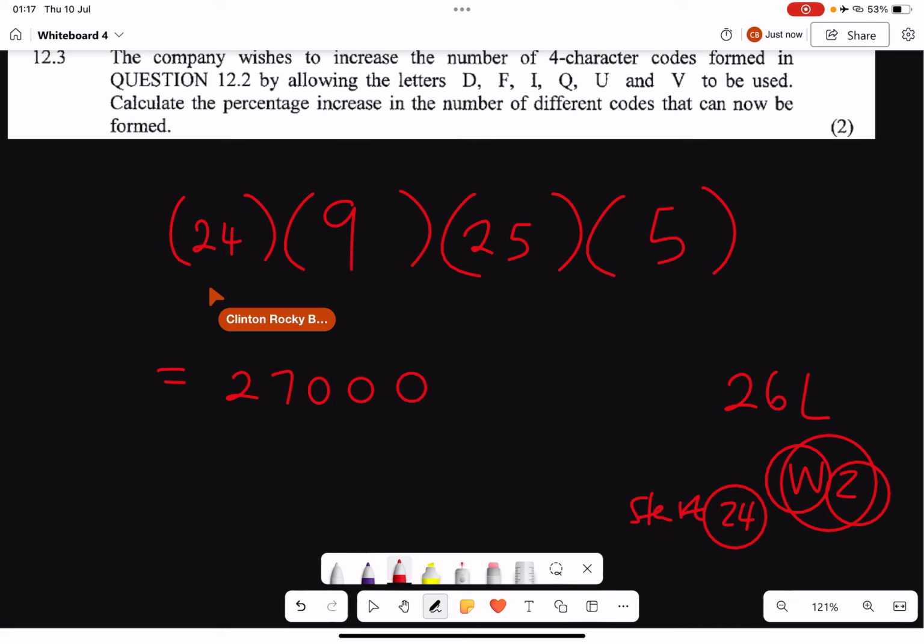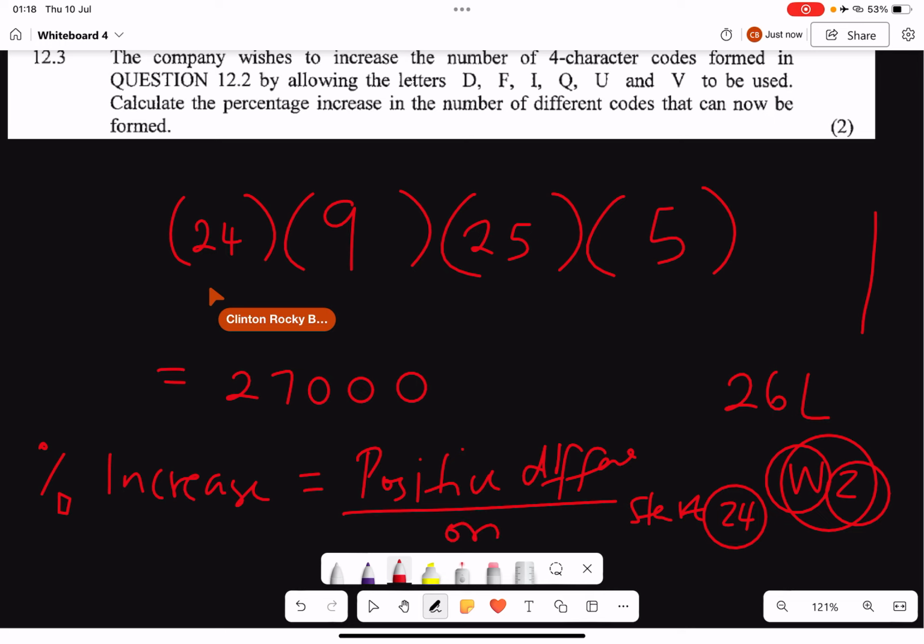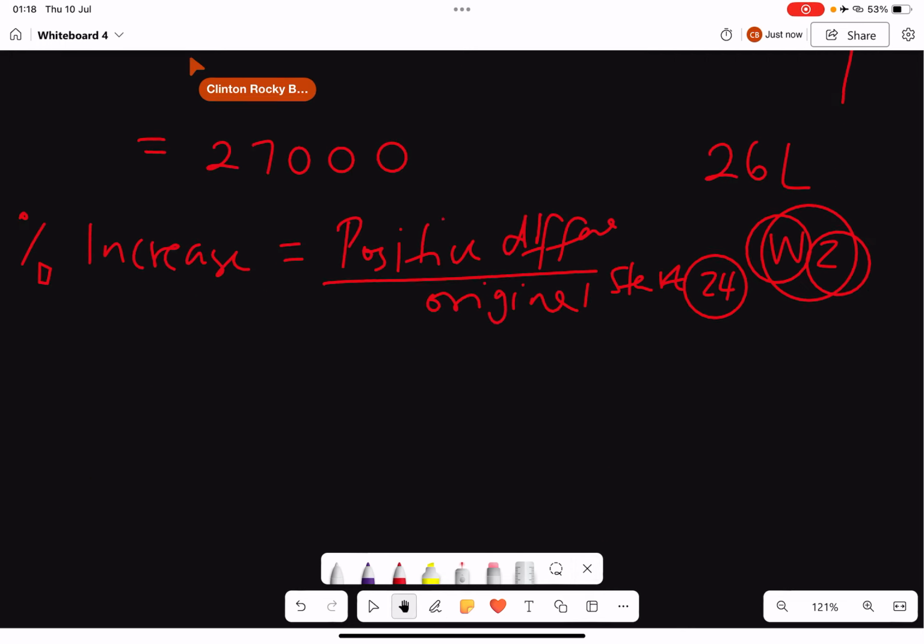will give us 27,000 options. And then to get the increase, they needed percentage increase. Percentage increase will be the positive difference over the original, always divided by the original, multiplied by 100.